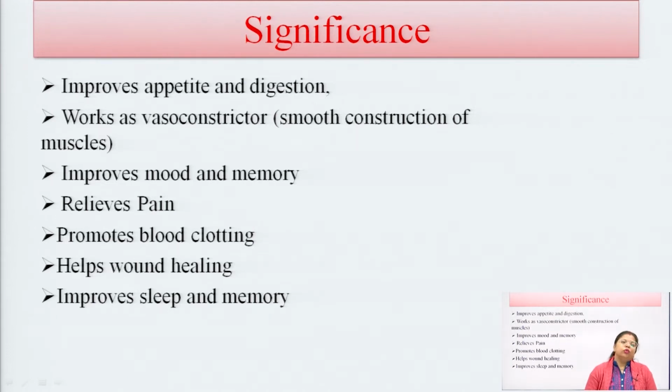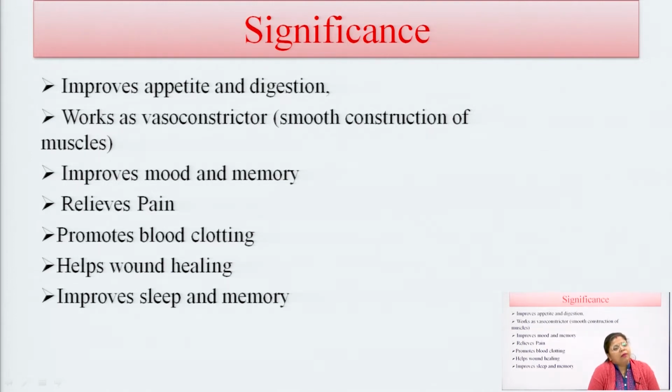So, serotonin improves our mood and our memory. If there is any deficiency of serotonin in our body due to less tryptophan or poor conversion of tryptophan to serotonin, it can affect our mood and memory. Serotonin is also helpful to relieve pain.